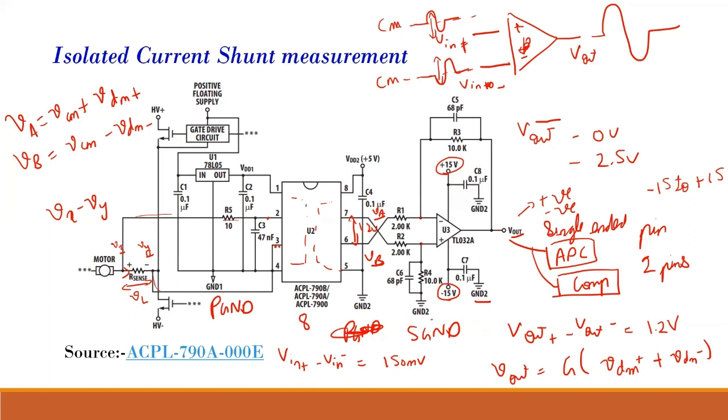If we want a double-ended output, V out is one thing, and the other comes from where? It cannot be done with this configuration, because this is a differential amplifier, which is used specifically to convert a double differential signal to a single-ended signal. Okay.